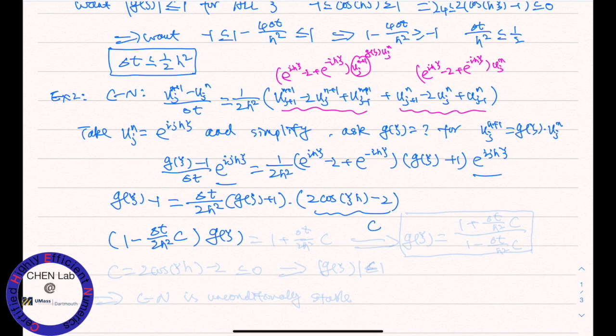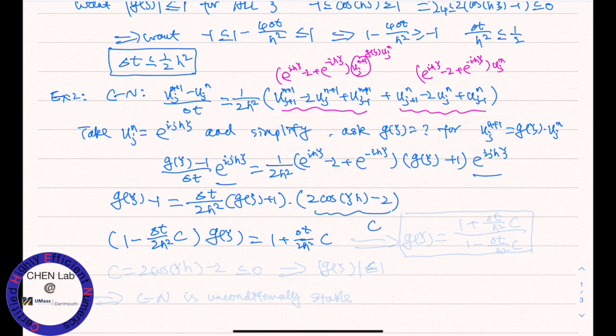So you have 1 on the left, and then you move things that have G(ξ) from the right to the left. This is equal to 1 plus delta t over 2h squared c.